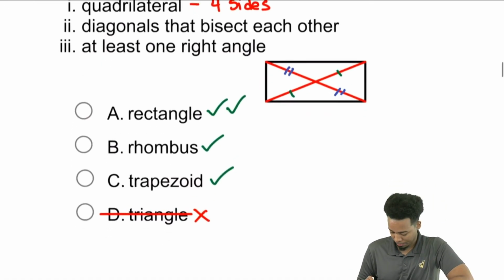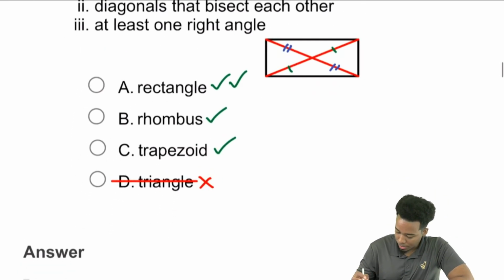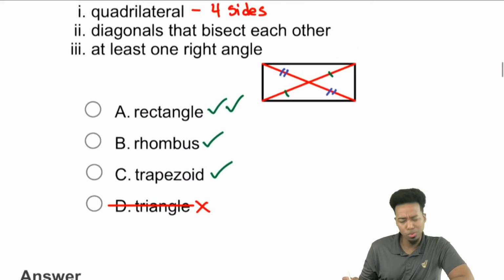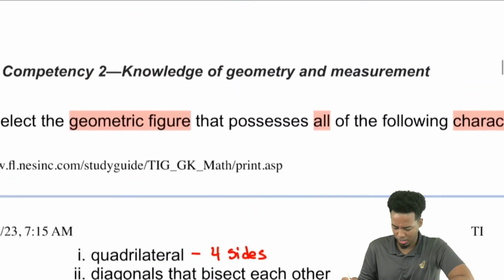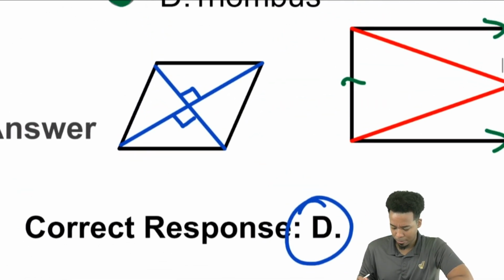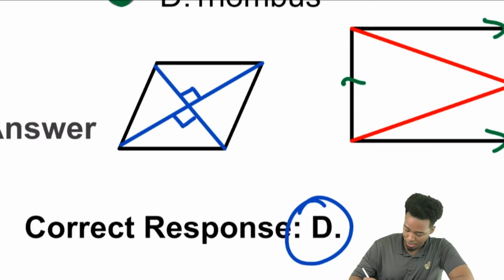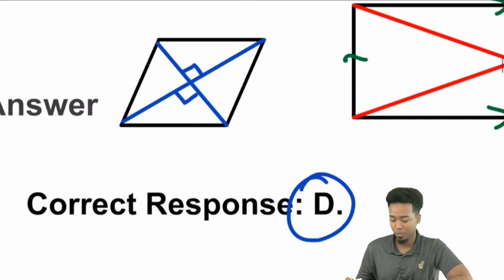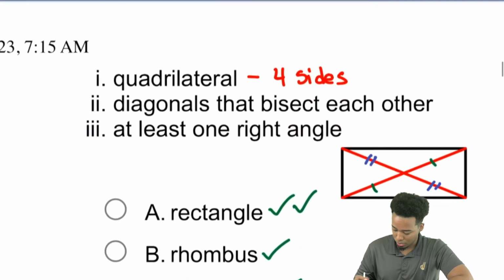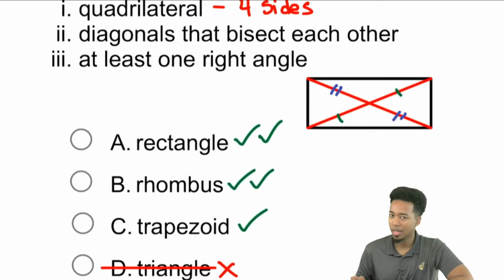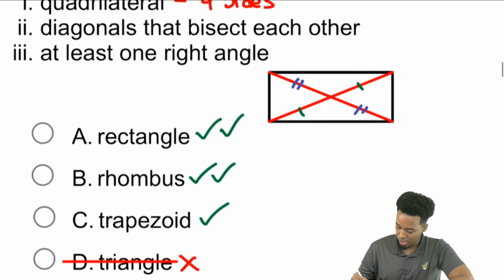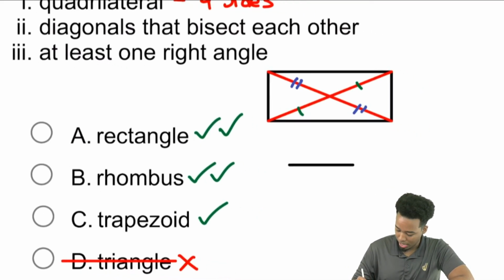And then lastly, we're going to see here a rhombus. Do a rhombus's diagonals bisect each other? If I take a look at the previous example that I drew a rhombus in, yeah, they actually do as well. This is half of this, and this is half of that. Absolutely. So a rhombus would cover that as well. A trapezoid? Not exactly. A trapezoid just means that you have only one pair of parallel lines.